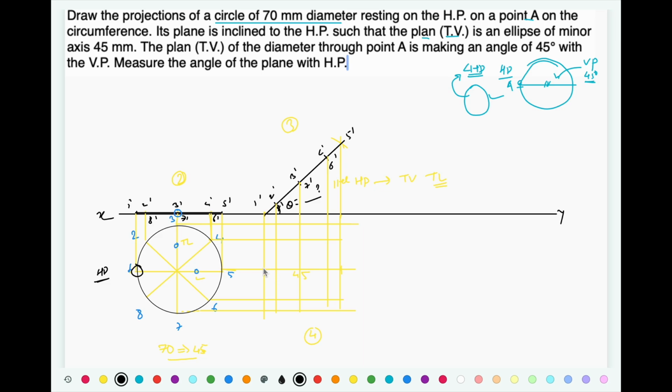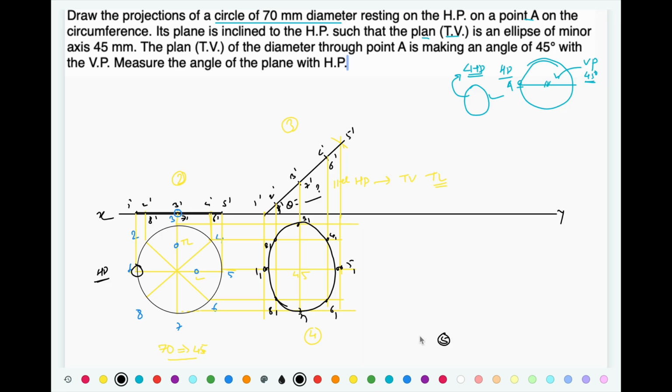Connect the intersection points. So this is 1 1, 2 1, 3 1, 4 1, 5 1, 6 1, 7 1, 8 1, and complete the ellipse. So you will get the ellipse in this way. These points are to be on the ellipse.